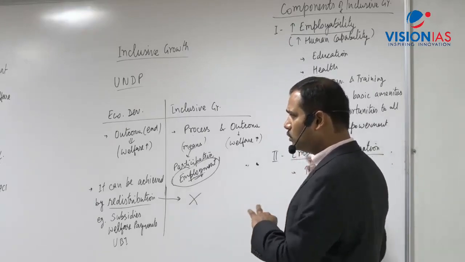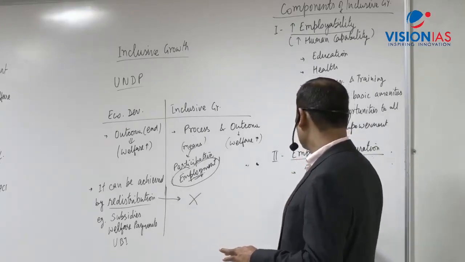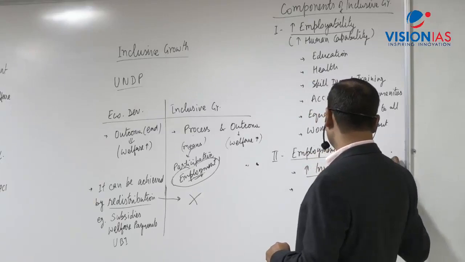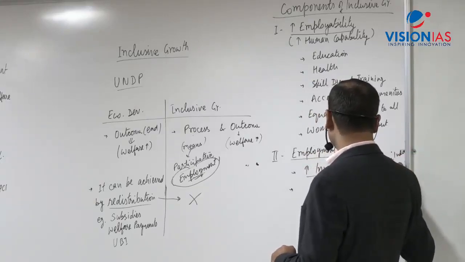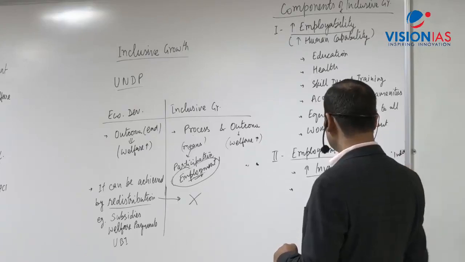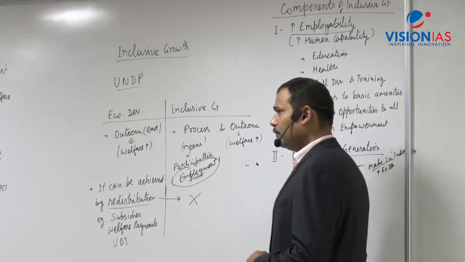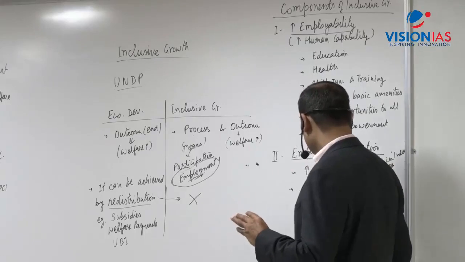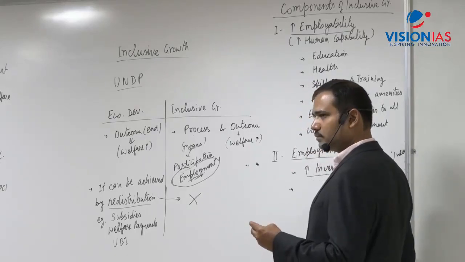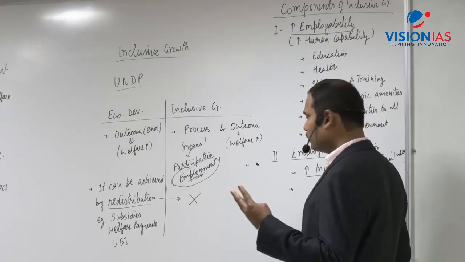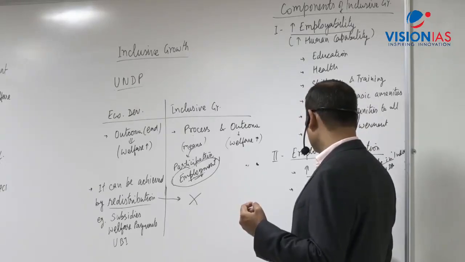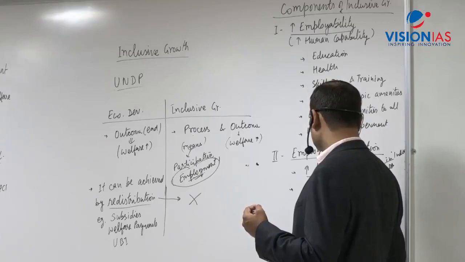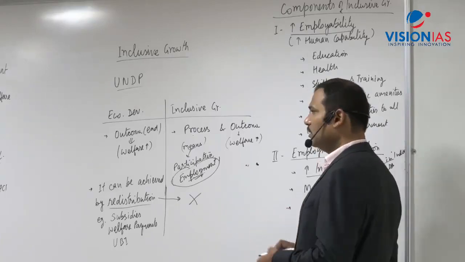Under Make in India, ease of doing business is being improved, which we have discussed already. Apart from that, what other points did I tell you for employment generation? MSMEs, which companies actually have more job potential. MSMEs, small companies, should be promoted.